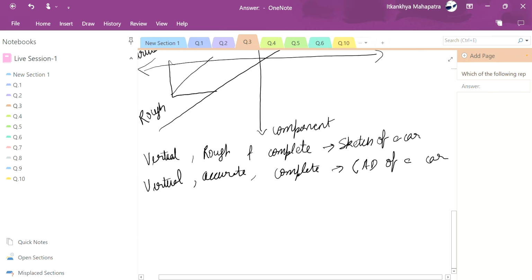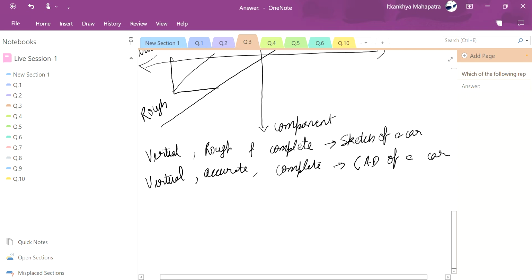And next, for physical, rough and complete, we can term this a prototype of a car. A prototype of a car can be said to be physical, rough and complete.